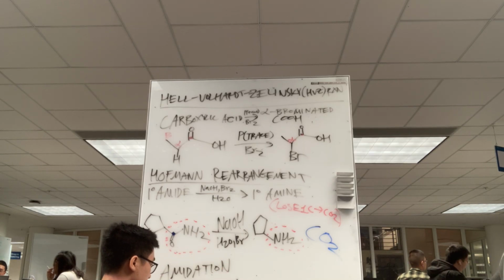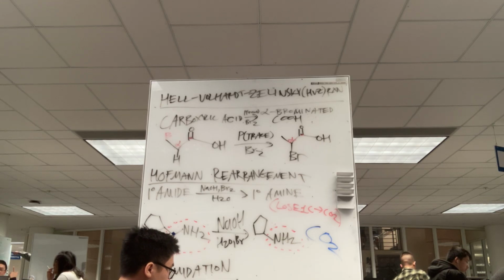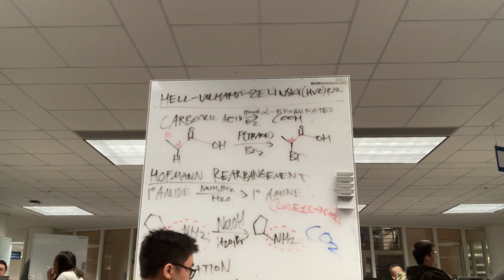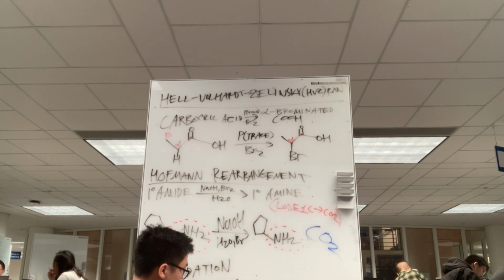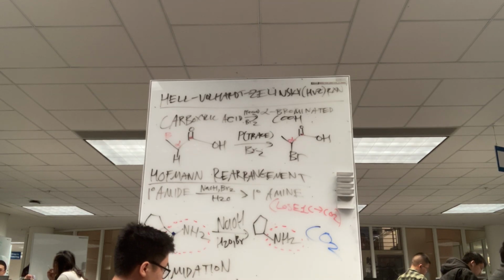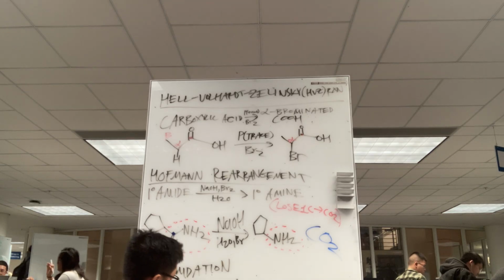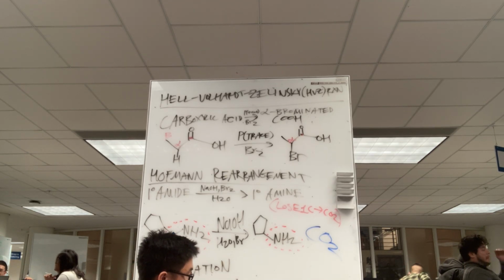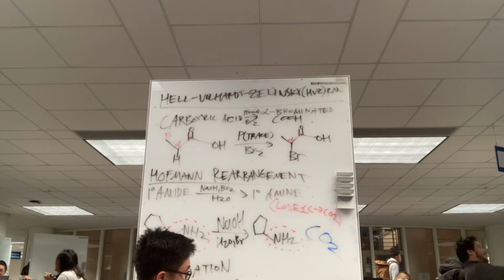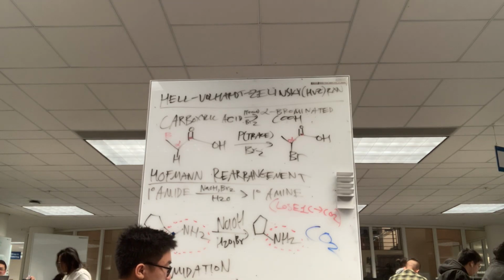Let's say we have this amide right here, and we react it with a strong base, like NaNH2, NH3. Right? It could be NaOH as well, or NaOR. And second step, you see a haloalkane like that.